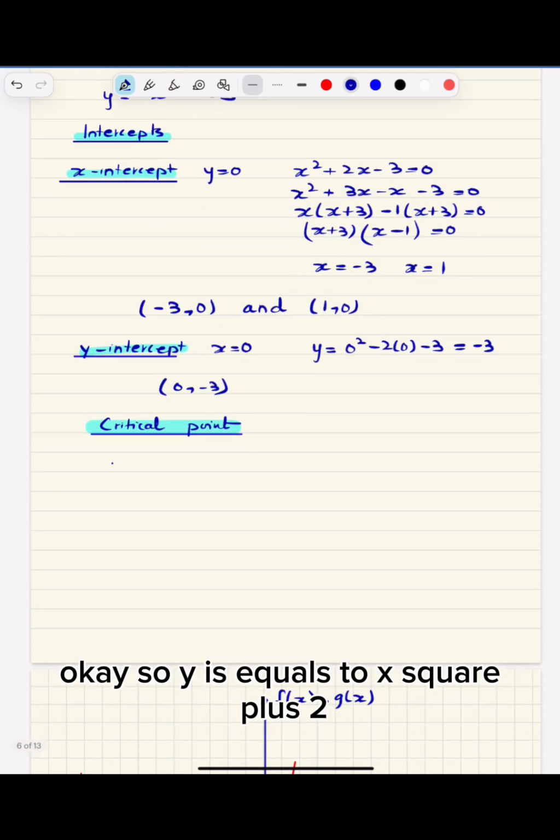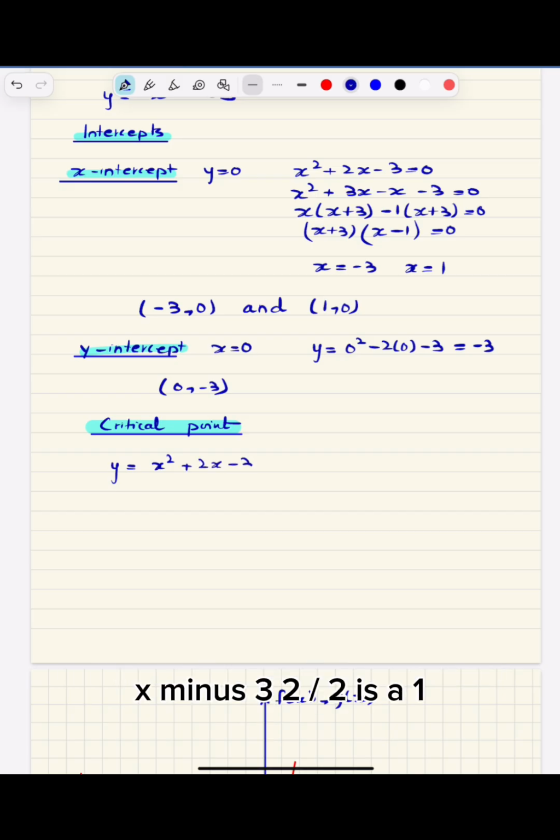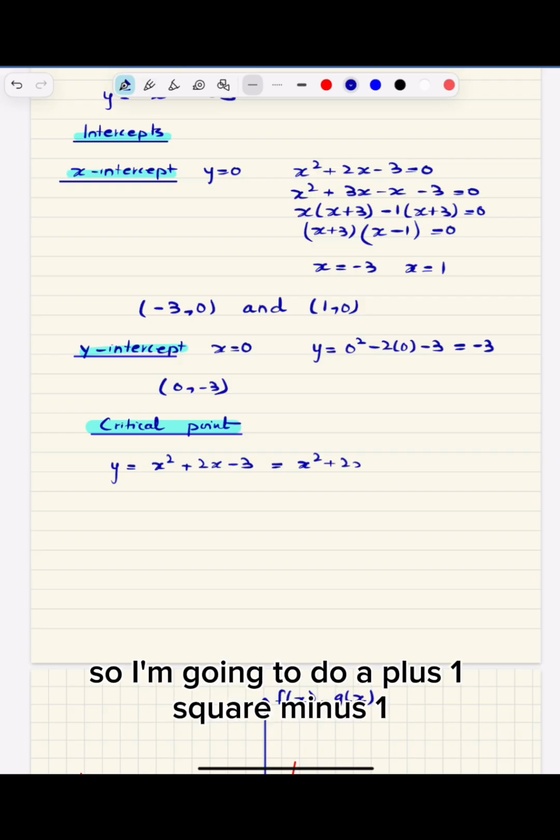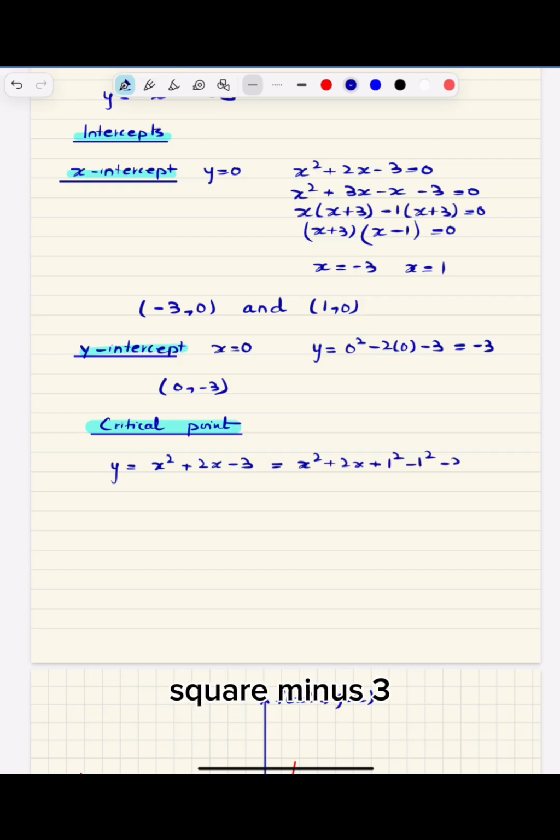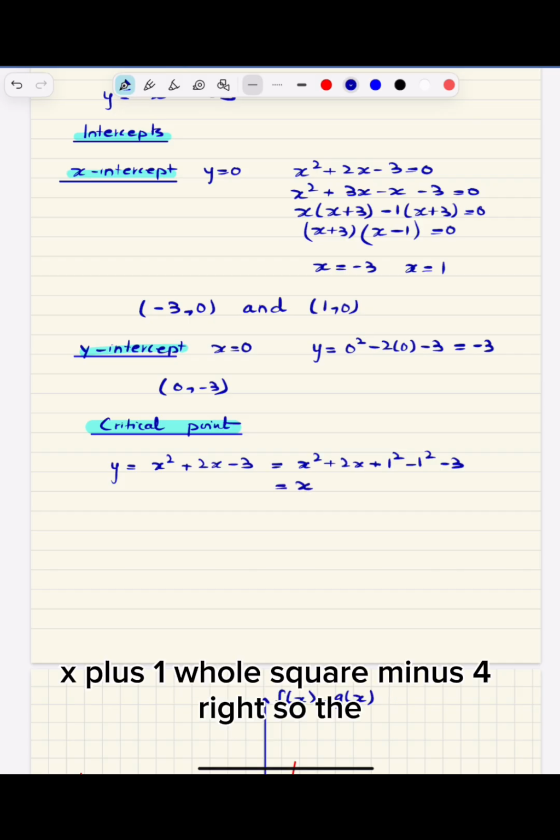So y equals x squared plus 2x minus 3. 2 divided by 2 is 1, so I'm going to do (x plus 1) squared minus 1 squared minus 3, which is (x plus 1) whole squared minus 4, right?